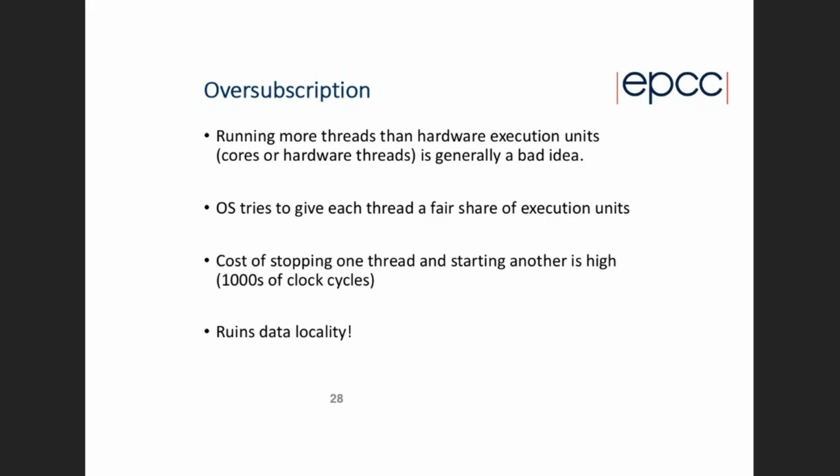But in general, oversubscription is a bad idea. You can certainly achieve it by screwing up your slurm options, though. That's easily done. If you play around with the slurm options, you can very easily end up in a situation where you bind all your threads to the same core, and that'll be typically total disaster.